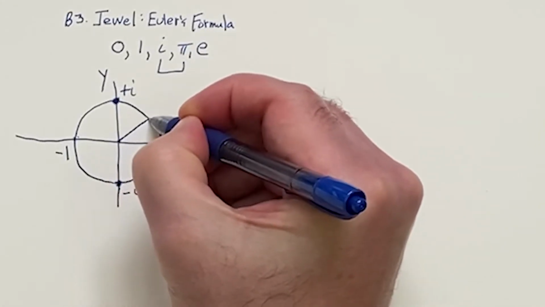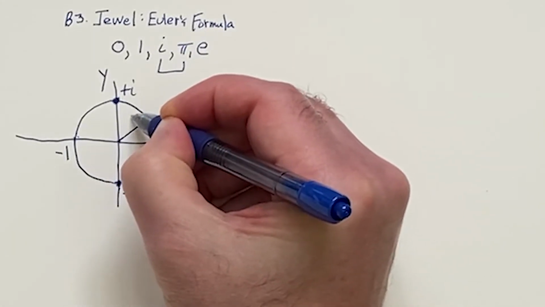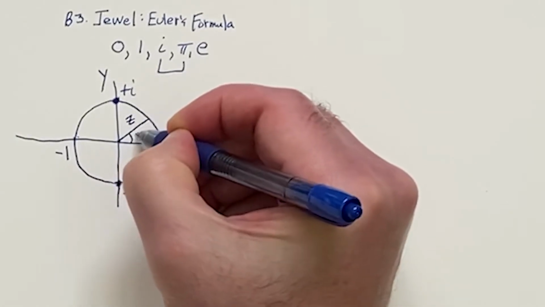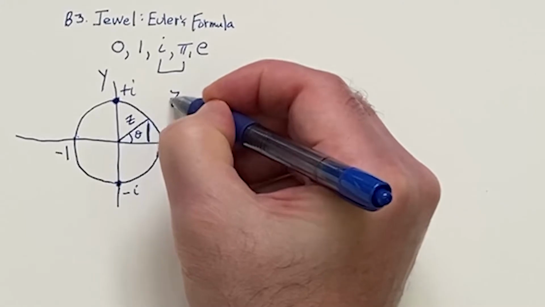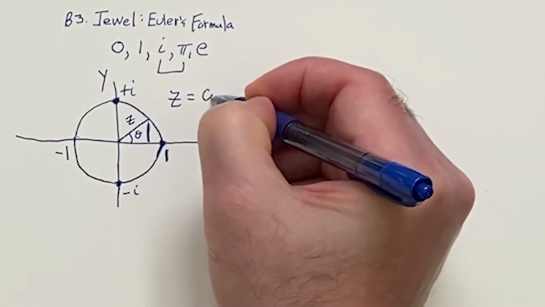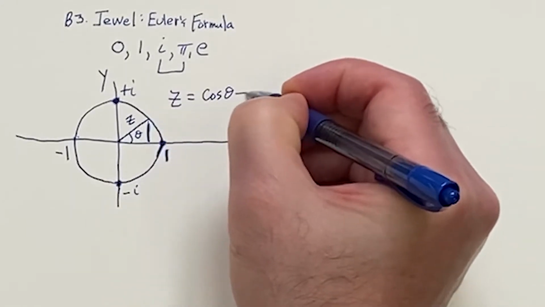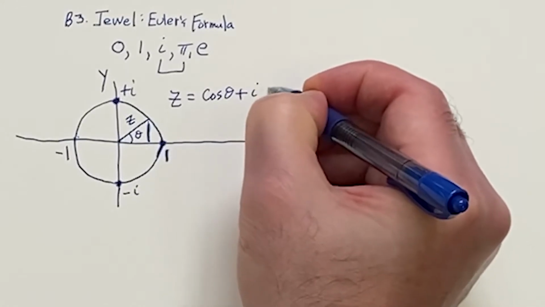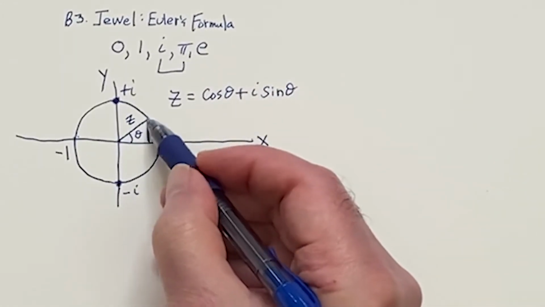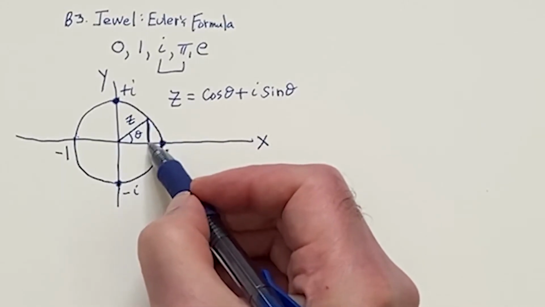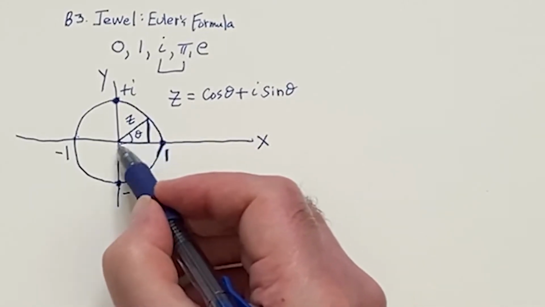So if we look at a general z, some angle theta, then you could write z as cosine of theta plus i sine of theta. In other words, this one here is the i sine of theta, and this is the cosine of theta.